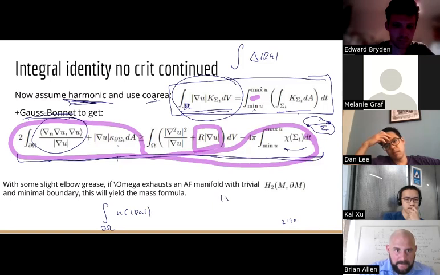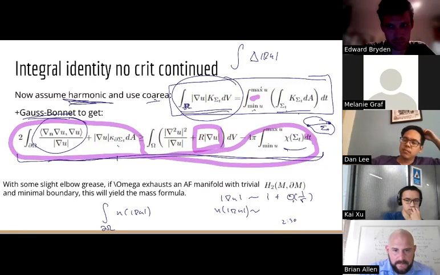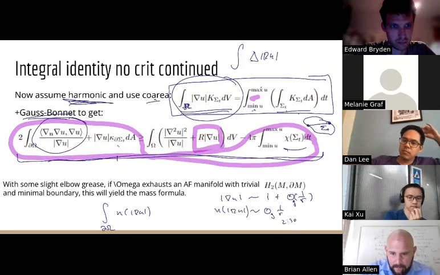Norm grad u is like 1 plus something that's big O of 1 over R, roughly. And when you take a derivative of it, and this depends on the metric g, you get something like 1 over R squared.